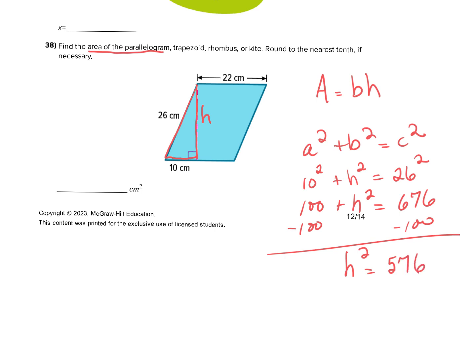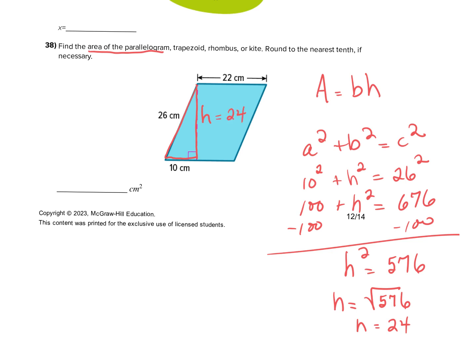And the last step to Pythagoras' theorem is always to take the square root, because taking the square root is the inverse or opposite of squaring a number. So h actually equals the square root of 576. So when I take the square root of 576, we actually get 24. So that is my height.